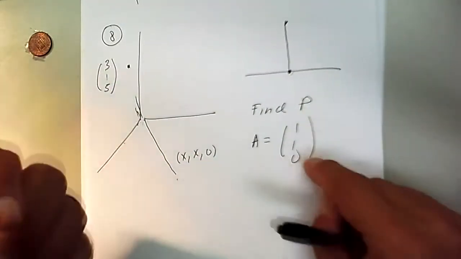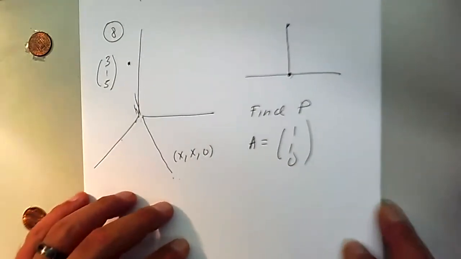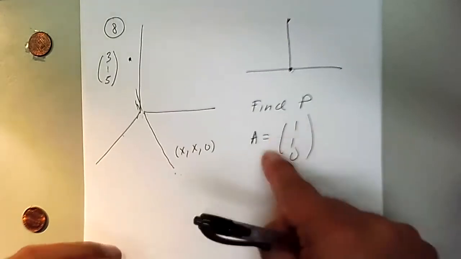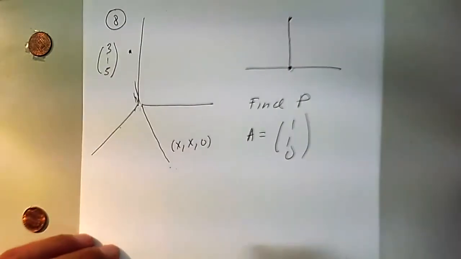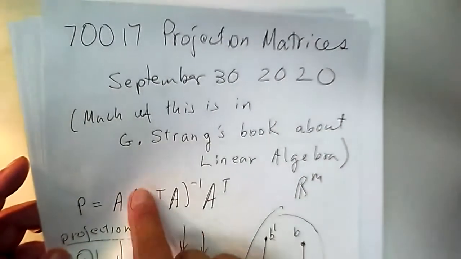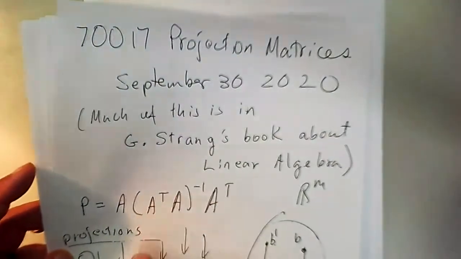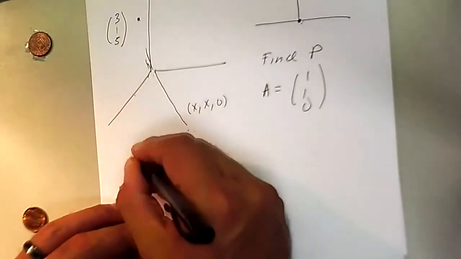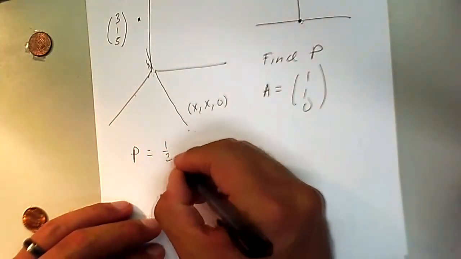So we're going to end up with 1 plus 1, 2. And then the reciprocal of that is going to be a half. So by inspection, we know that the product, including the inverse, is going to be a half.